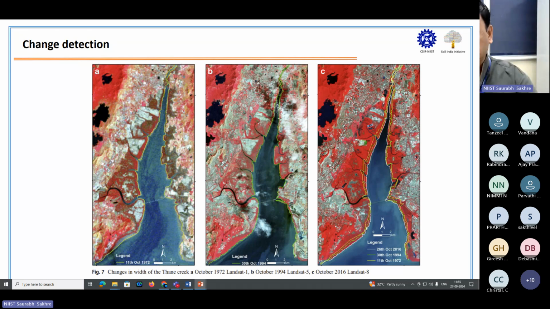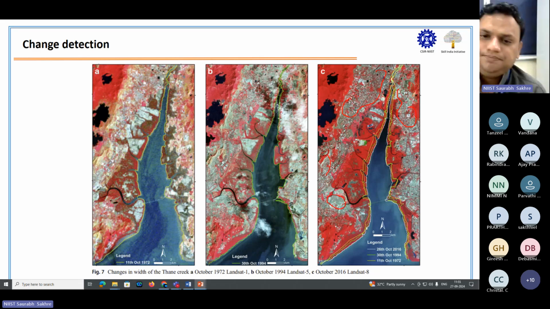But in this case, we know that this area is fully developed. All these which you are seeing with gray color, it is development. So all these people are discharging sewage in the creek, and slowly sedimentation is happening, and it is slowly closing the mouth of the creek.